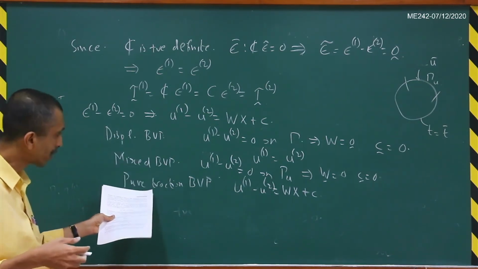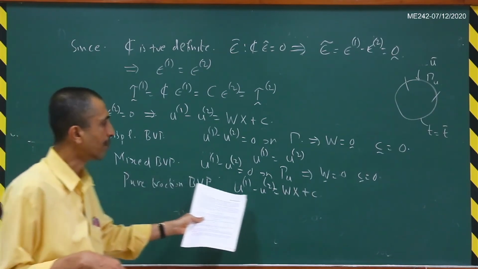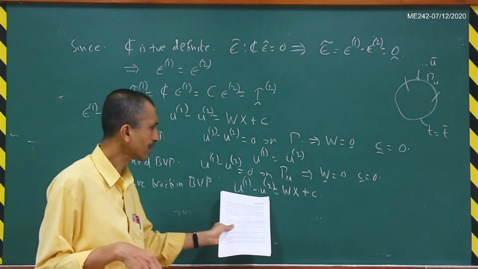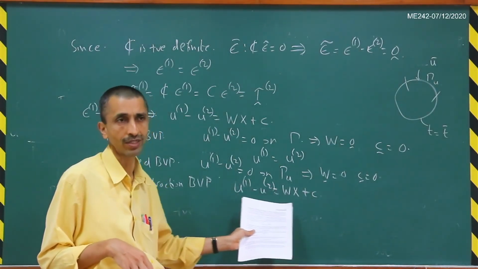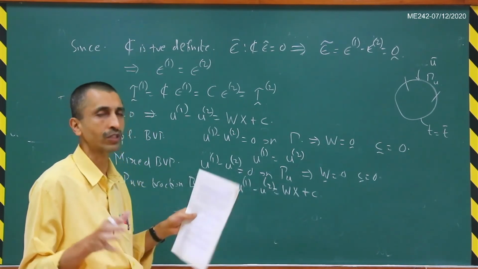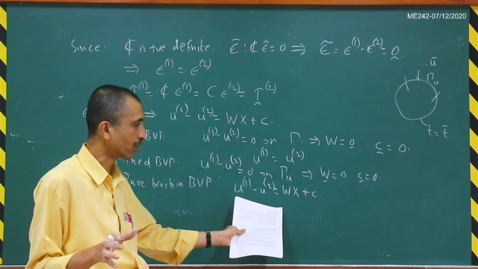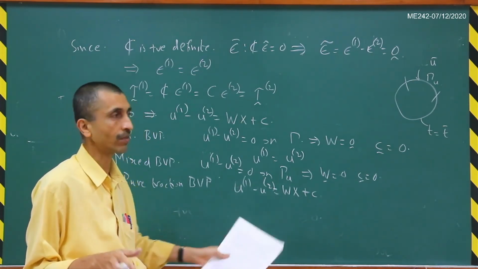But in a pure traction boundary value problem, the displacement is not unique. But it is unique modulo rigid displacement, right? So apart from this, there is no other non-uniqueness. If you suppress the rigid body modes, then your solution is going to be unique.